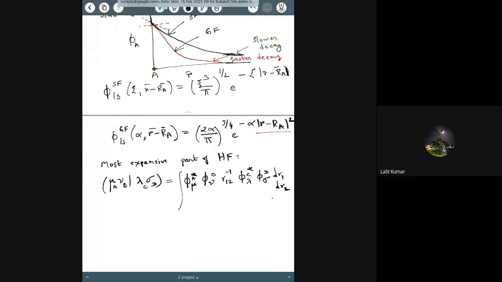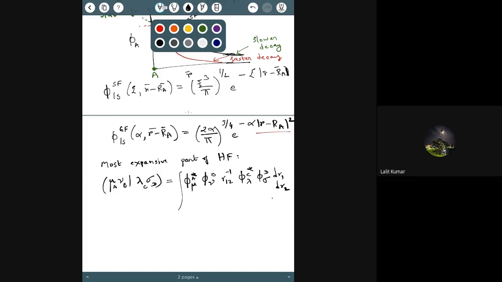But if my phi mu and phi nu, phi lambda and phi sigma are Gaussians, then a property of the Gaussian makes this simpler. So what is this property? The property is that the product of two Gaussians is another Gaussian which is centered on a point between the two original points.